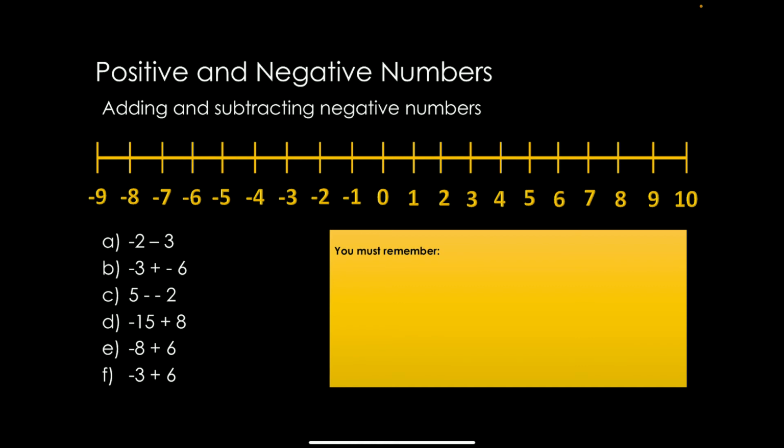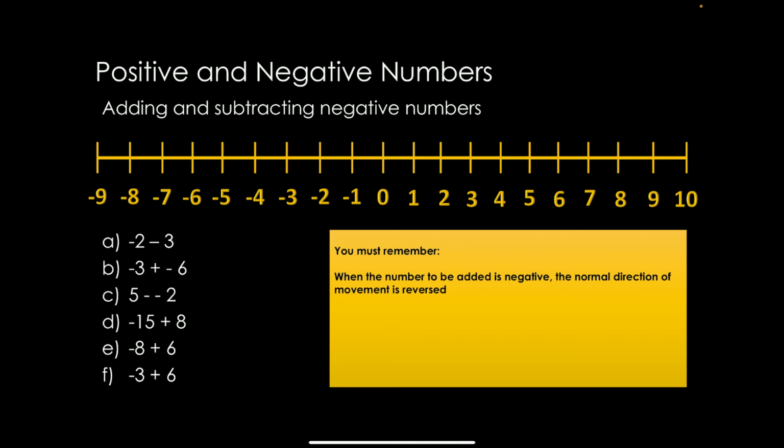Okay, now we've got to go through some rules for adding and subtracting negative numbers. It can be very difficult to remember these. When we're adding and subtracting negative numbers, it's a little bit different to when we're multiplying and dividing negative numbers. So you must remember that when the number to be added is negative, the normal direction of movement is reversed.